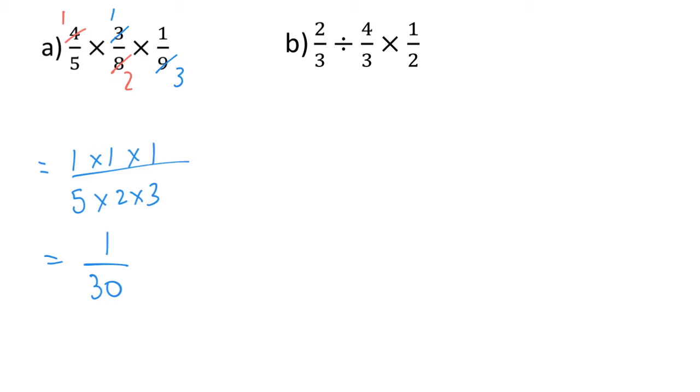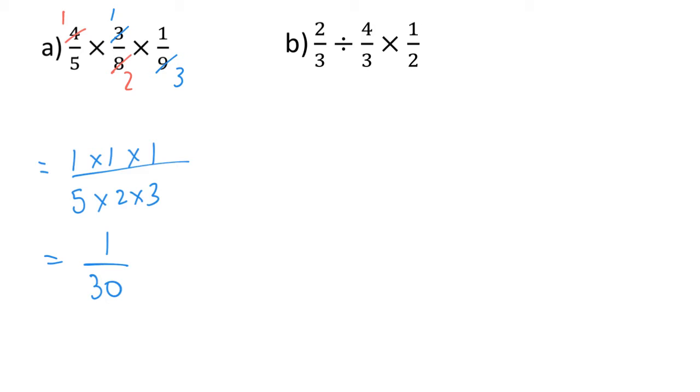Example B is one of those questions that might have been floating around the internet where there are a couple of different answers for this. But what we have here is we're dividing by 4/3. There isn't a bracket around the 4/3 and the half, so we're just doing the dividing by 4/3, and then we're multiplying by a half.